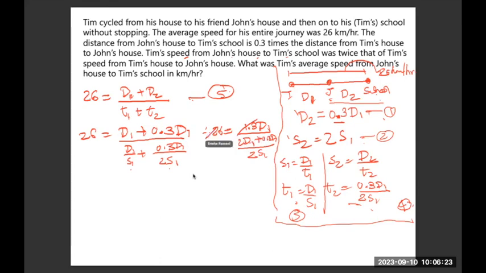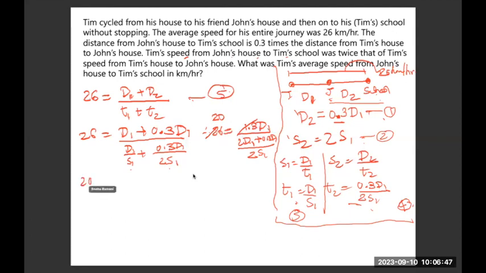1.3 and 26 will cancel here, giving 20. Further, D1 and D1 will cut here easily. But I'm not cutting D1 yet, just to make it simpler for you. I'm just cutting 1.3 and 26, which will yield 20.